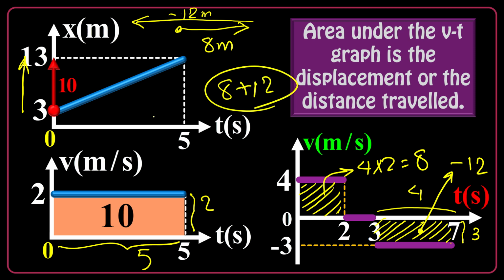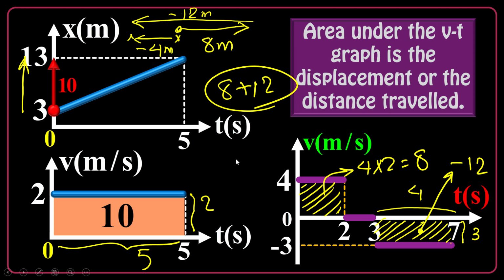But the displacement, no, pay attention, displacement is from here to here. It's going to be negative 4 meters. So pay attention. When the VT graph has a part over the t-axis and another part below the t-axis, if you subtract the two parts, it's going to be the displacement. But if you add the magnitudes of the two parts, it's going to be the distance traveled.